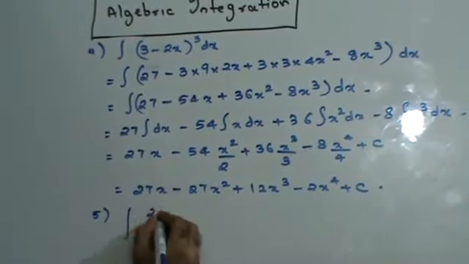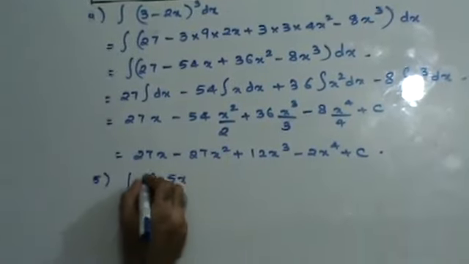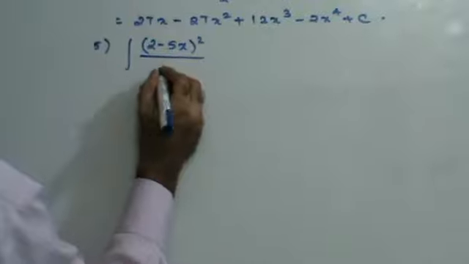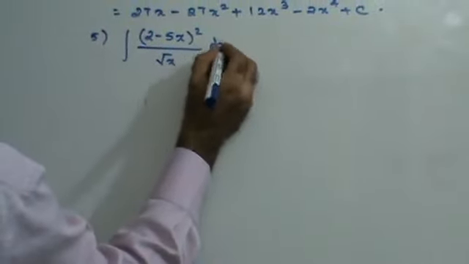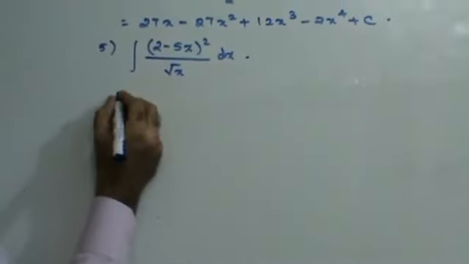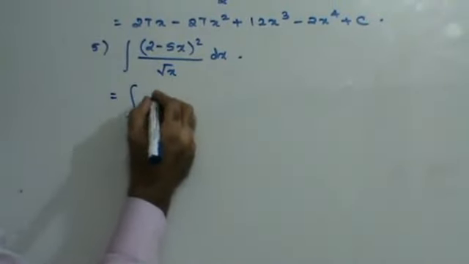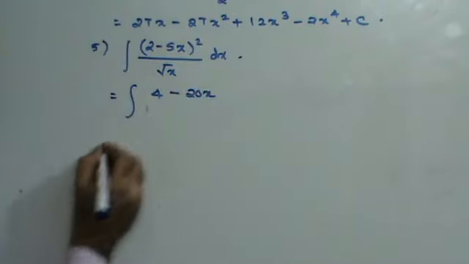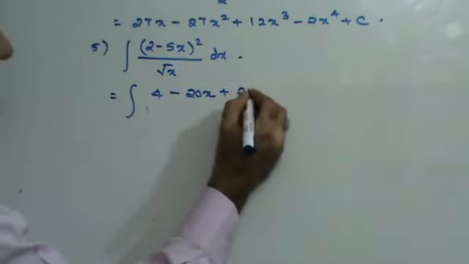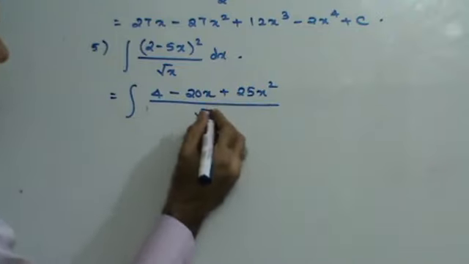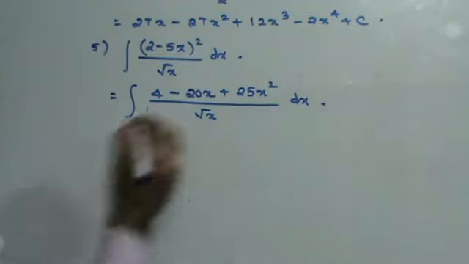Integral of (2 minus 5x) the whole square upon root x dx, right? Let us see the sum. Expand a minus b the whole square: a square minus 2ab plus b square upon root x dx.